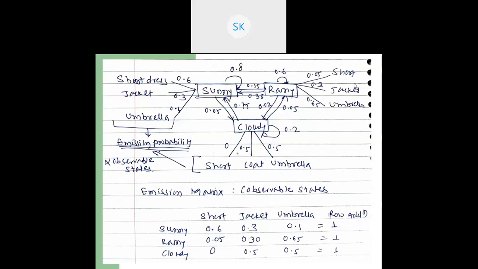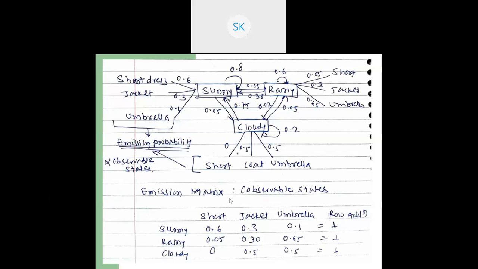Likewise, for the rainy season, shorts, jacket and umbrella probabilities are given. If you observe the emission probabilities, the addition is also 1, there it is also 1, that is also 1. So these are the observations, emitted by the present state. The state emits signals, and those emit signals are the emission probabilities.